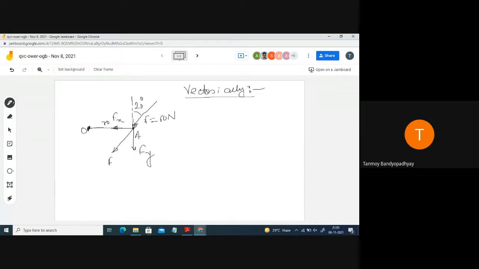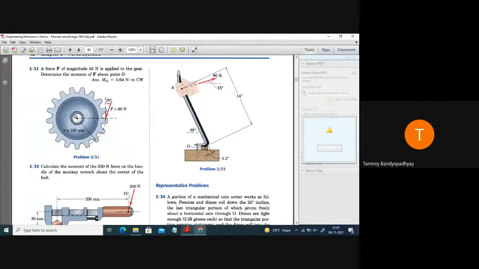Let's calculate what M0 is. M0 is equal to ROA cross vector F. What is ROA? You can take the origin at this point. In this problem no origin has been defined.